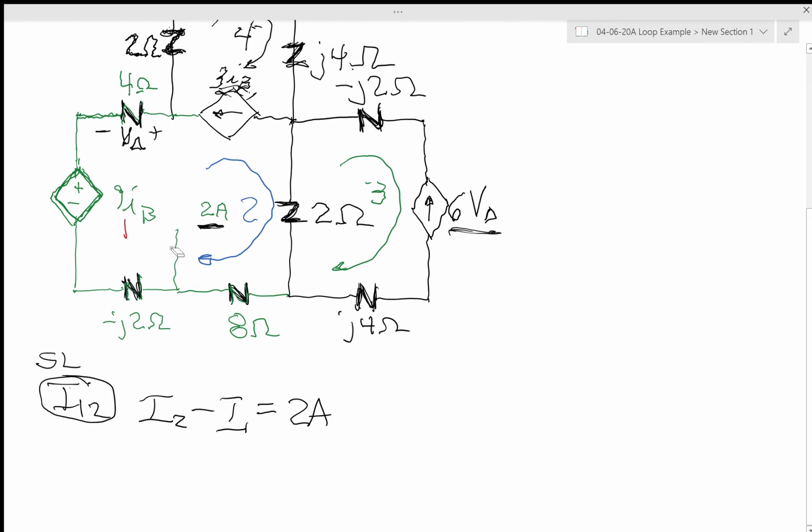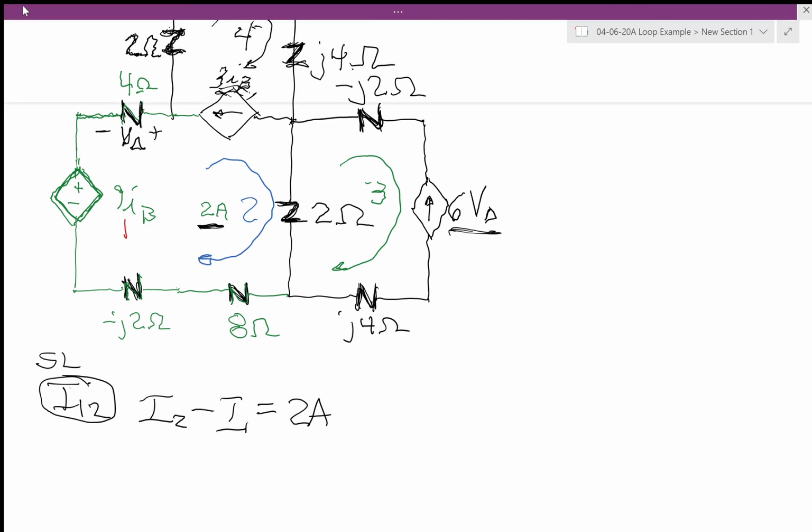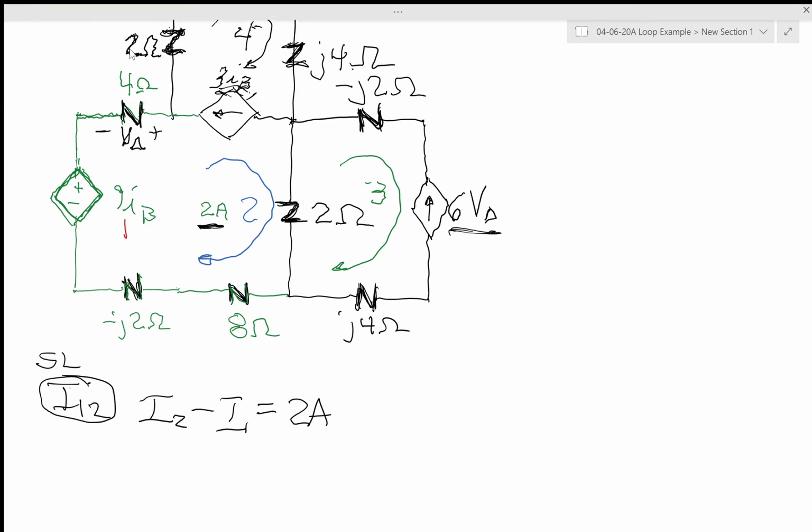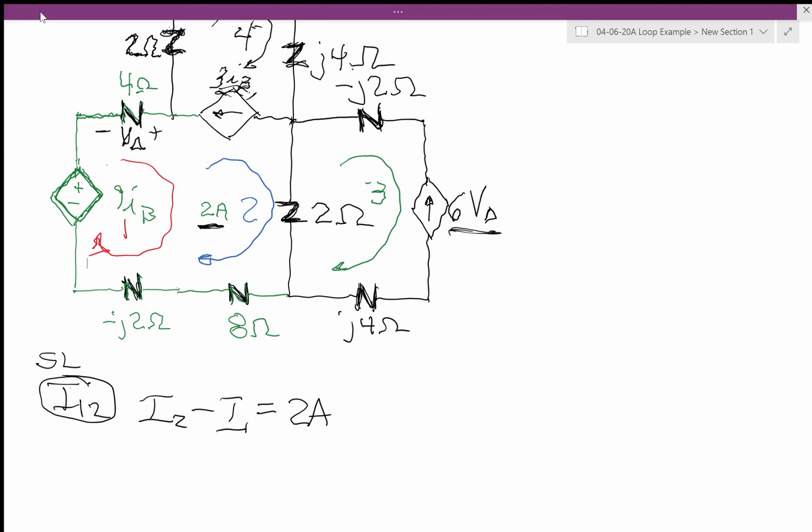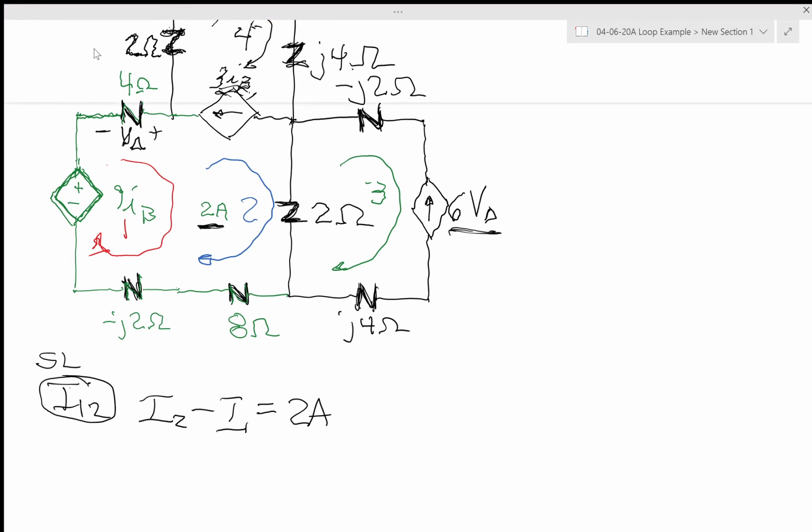Okay, so I erased my current. I have to put current I1 back in there. So that was my one equation. All right, and so there I have that equation.